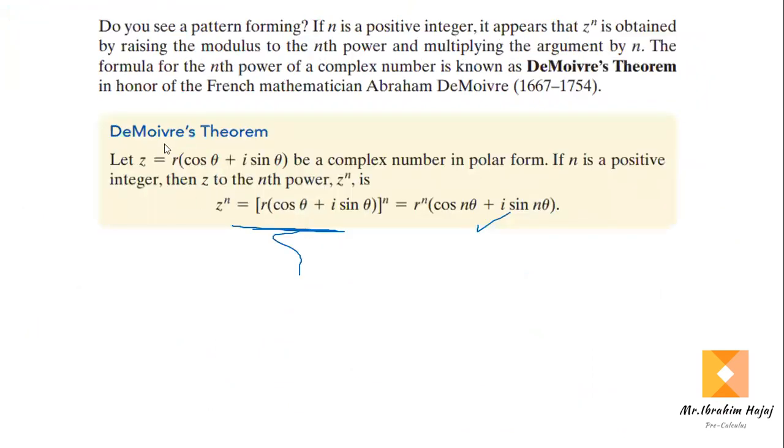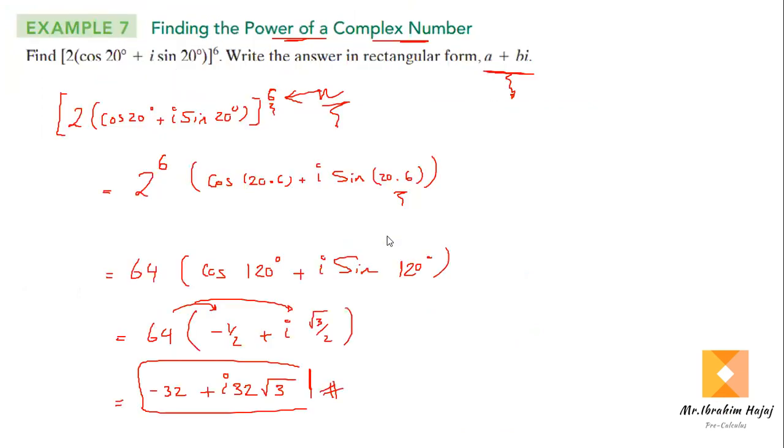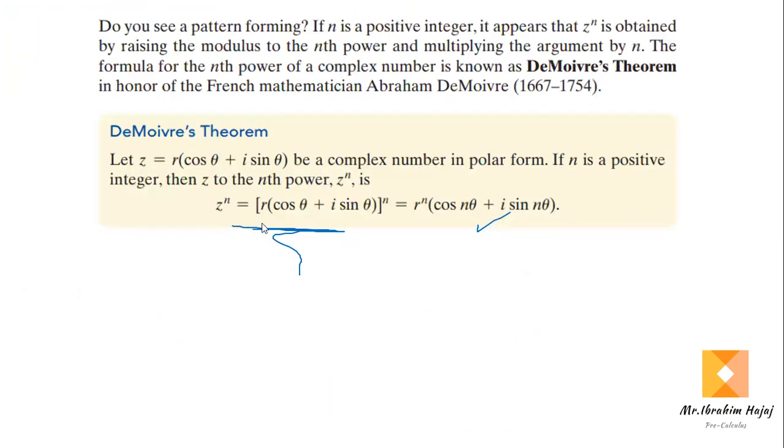We also studied powers, which is De Moivre's theorem: z to the power of n, for any complex number z equals r cosine theta plus i sine theta, is r to the power of n times cosine n theta plus i sine n theta. We solved this question yesterday.